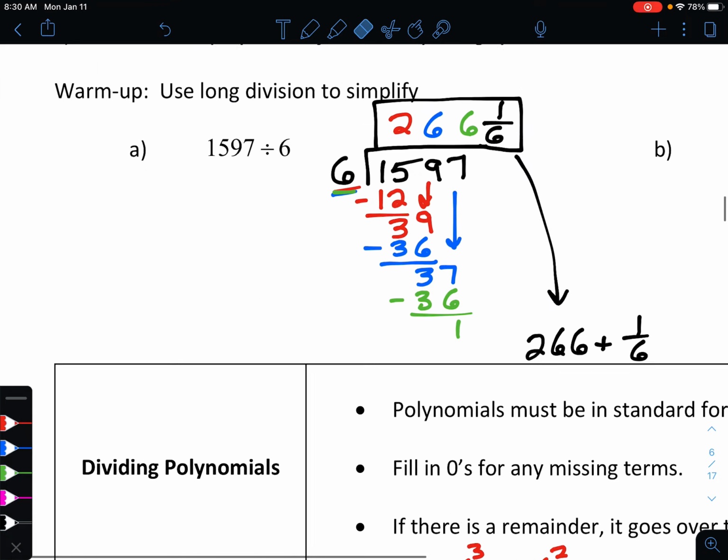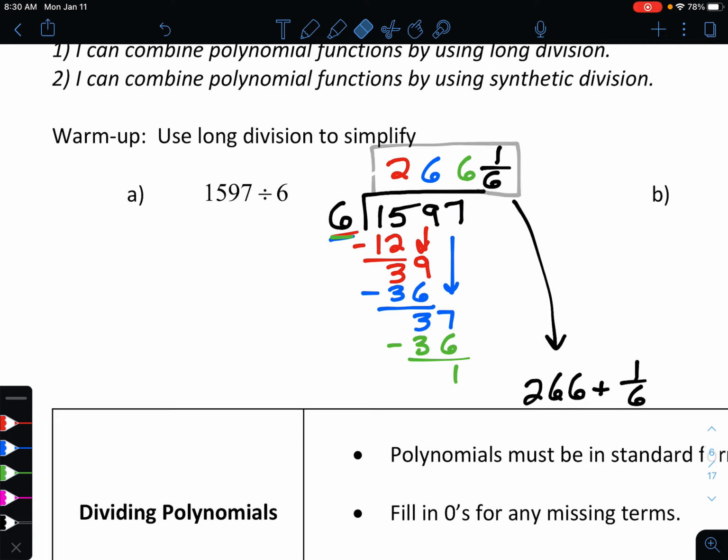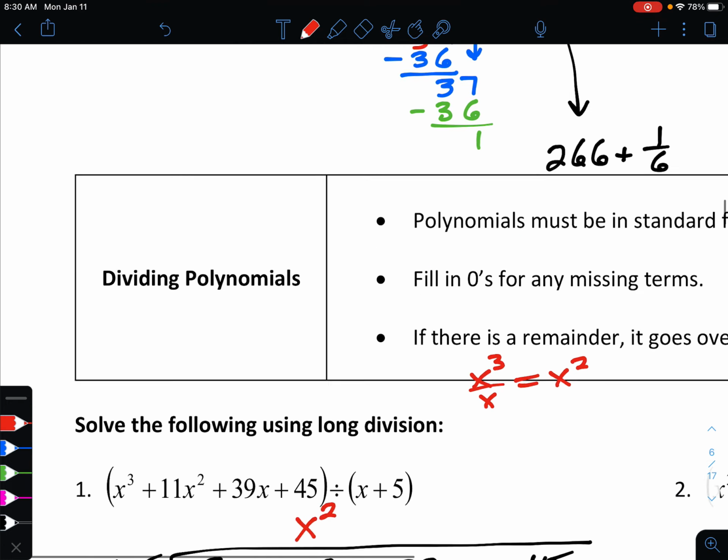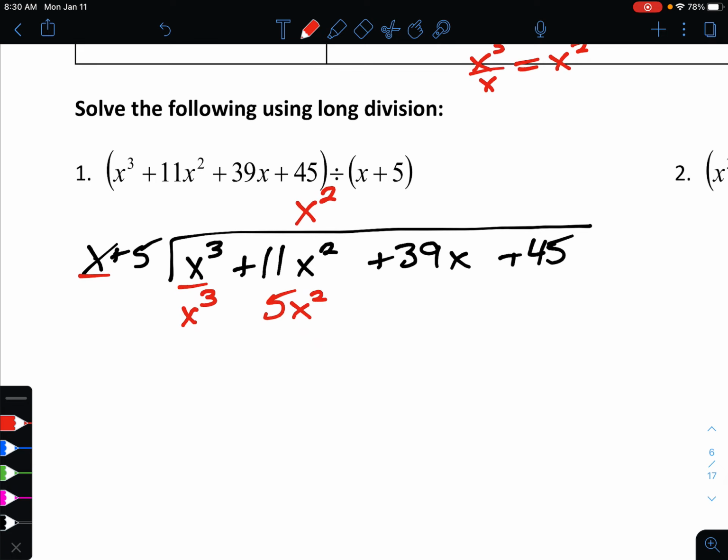Just like we did above, when you took 2 and multiplied by 6 and got 12, we were subtracting that 12 from the 15. So we're going to do the same thing down here. We're going to subtract both of those two terms that we just found. What that leaves us with is that x cubed and minus x cubed cancel.